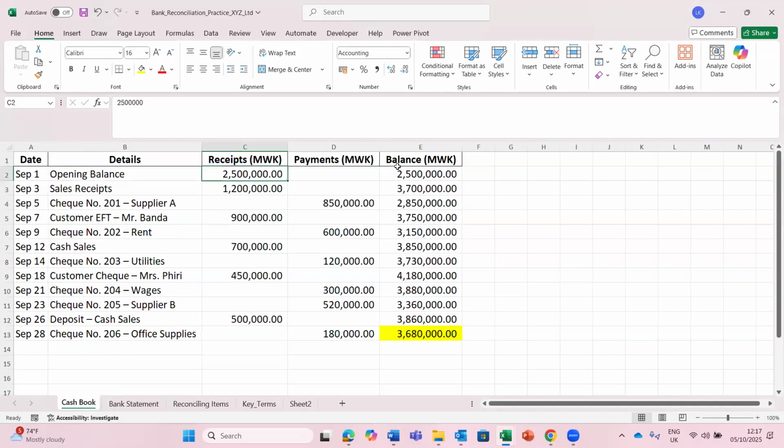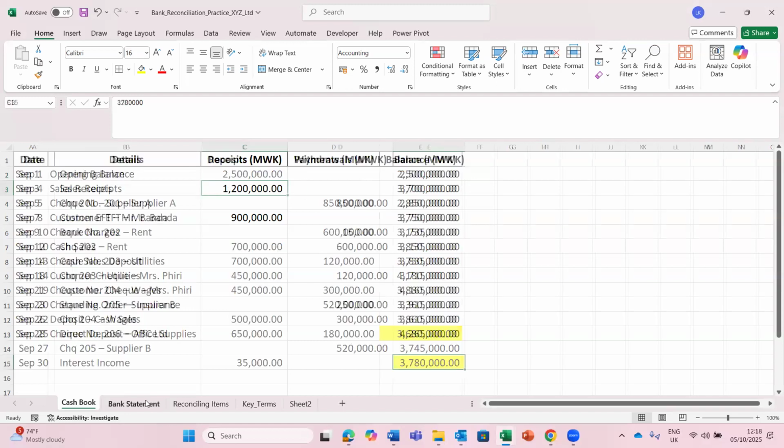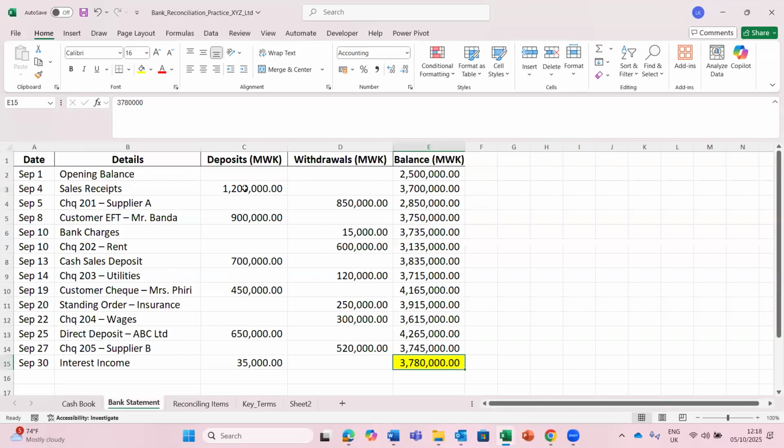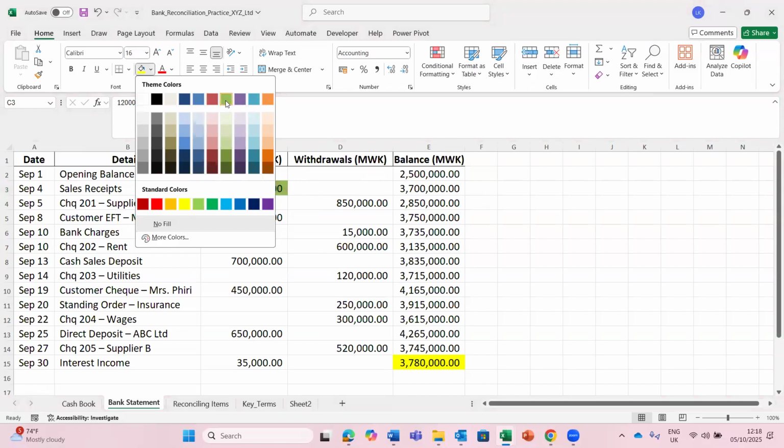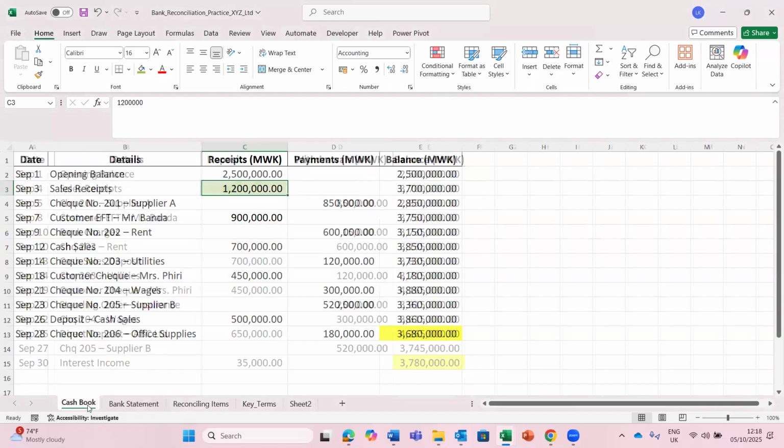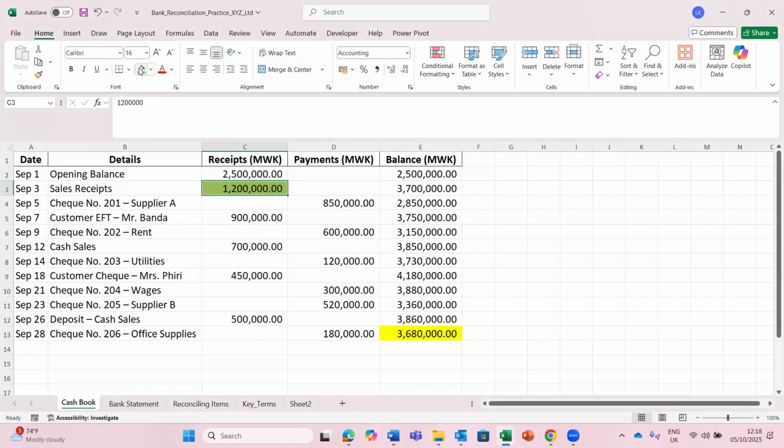So let's start. That's our opening balance. We have sales receipts 1.2 million. Let's see on the statement. Yes, I'll give it a green, and also that one I'll give a green. And then we have check 201, 850,000.